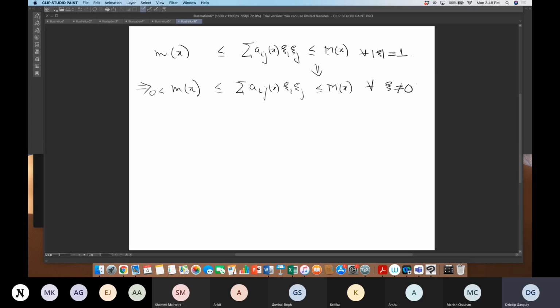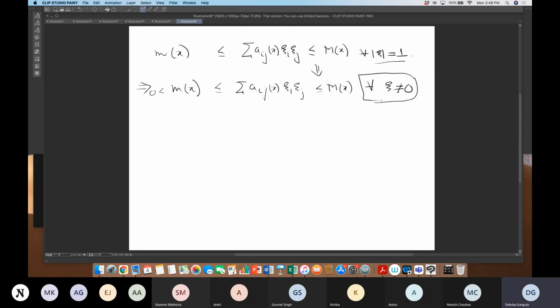How do I come from this step to this step? For |ξ| = 1, a compact set, I have this inequality, since f is continuous and bounded for each x. Now instead of |ξ| = 1, I am taking all |ξ| not equal to 0. How do I come to this?